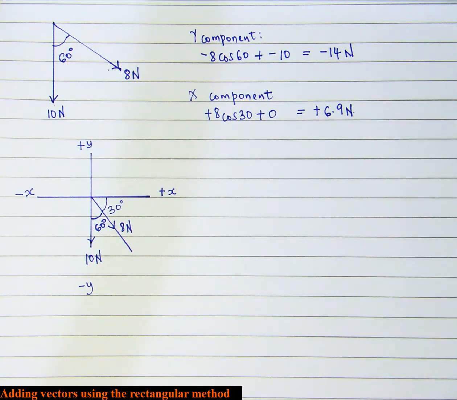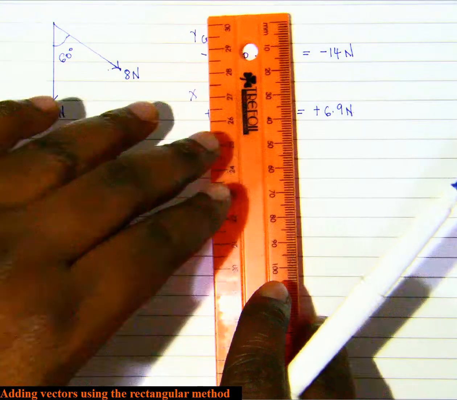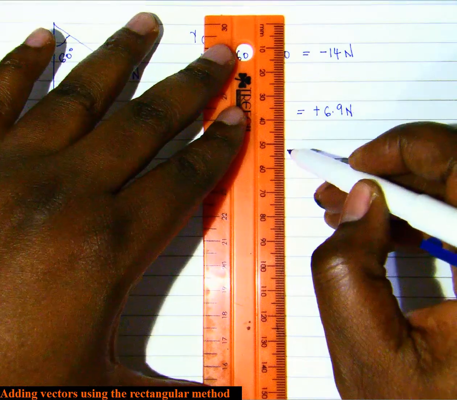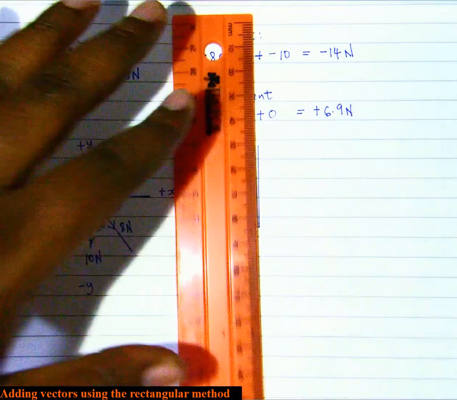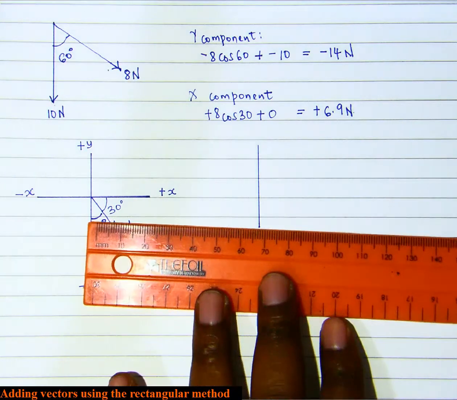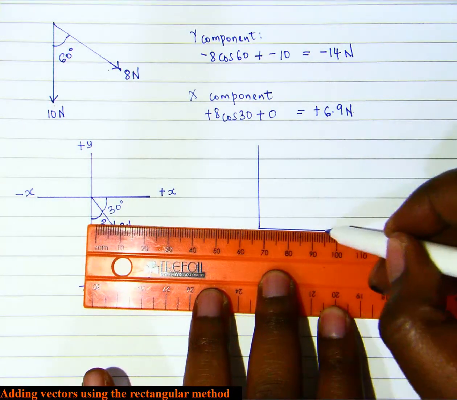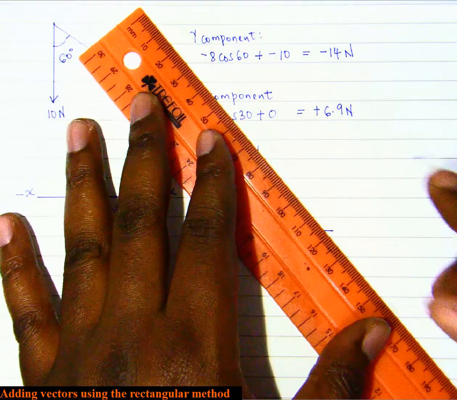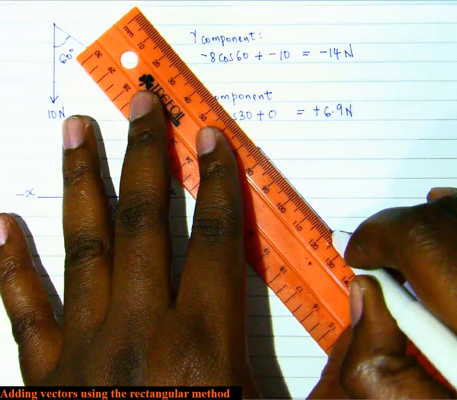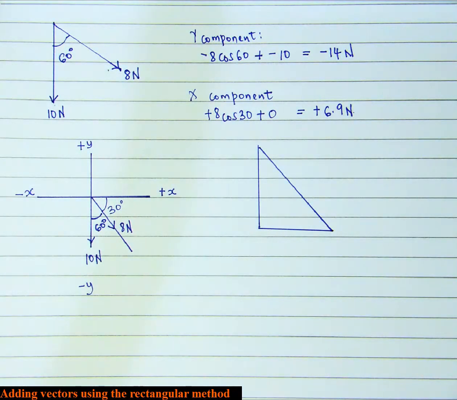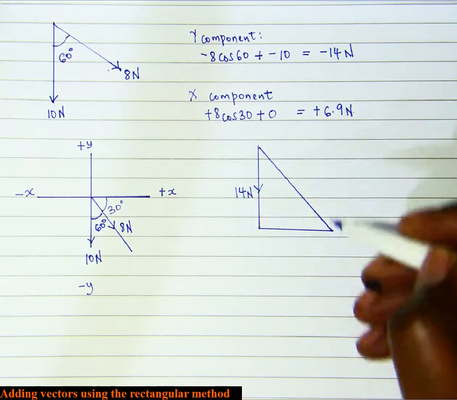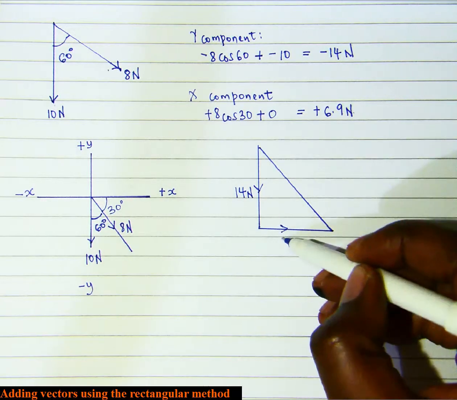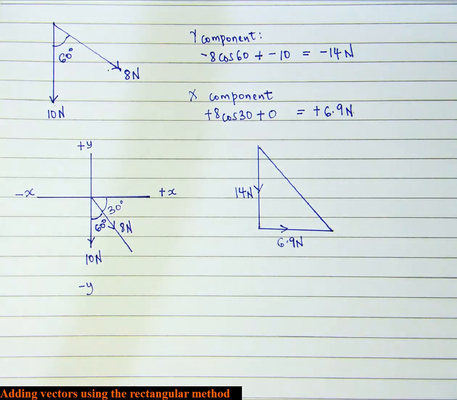Looking at these two forces, effectively, you could redraw them like that, with 14 newtons in the negative y direction and 6.9 newtons in the positive x direction.